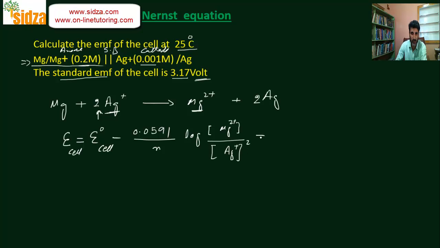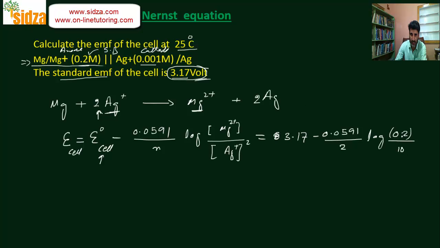So now we can put the values here. The standard EMF is 3.17, the EMF of the cell under standard conditions, minus 0.0591 divided by n, which here is 2, times the log of the concentration of the magnesium ion, which is 0.2 molar, divided by the concentration of the silver ion, which is 0.001.